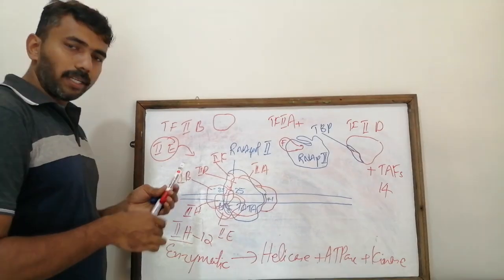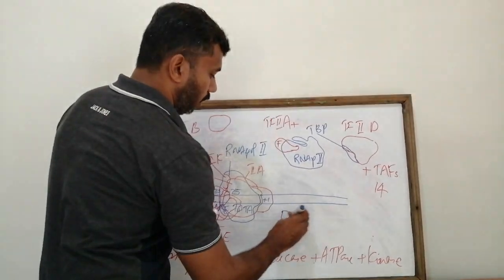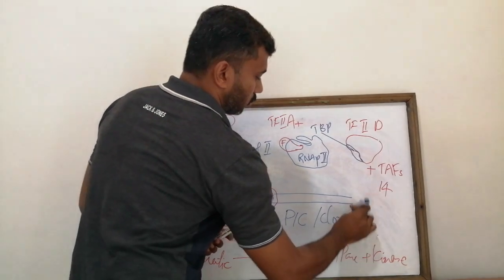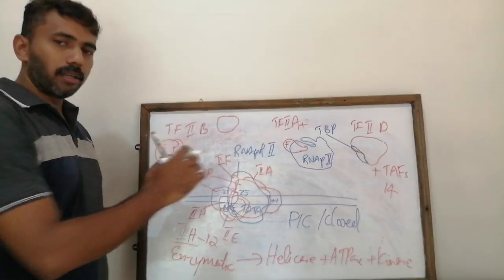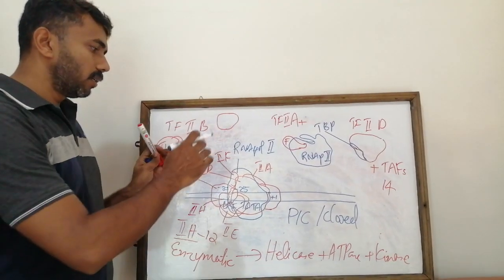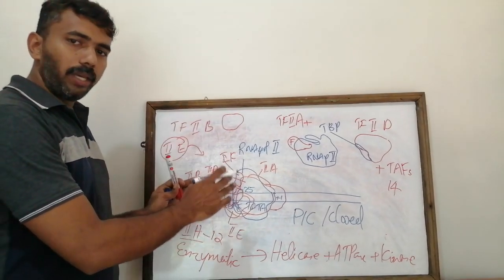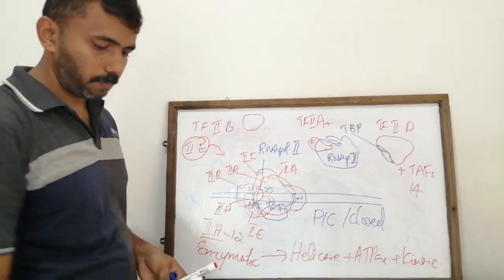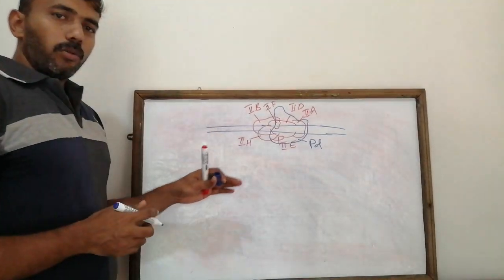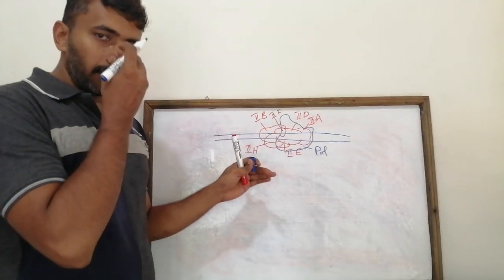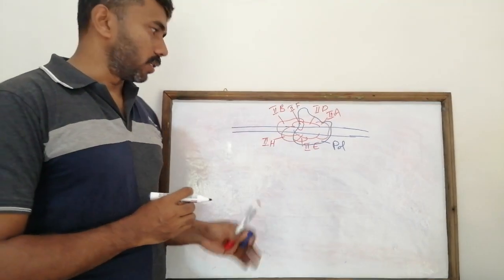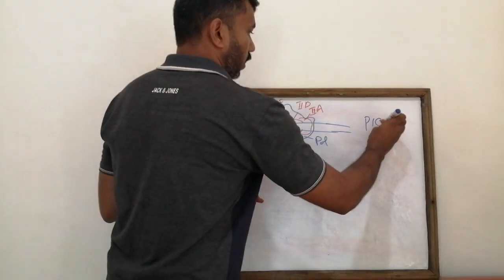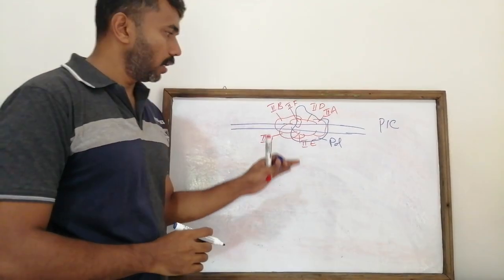So now this complex is what we call the pre-initiation complex or the closed complex. Once the closed complex is formed, the system will begin transcription initiation. So this will be the status at the promoter site. We have the entire complex. This is what we call the pre-initiation complex or closed complex.